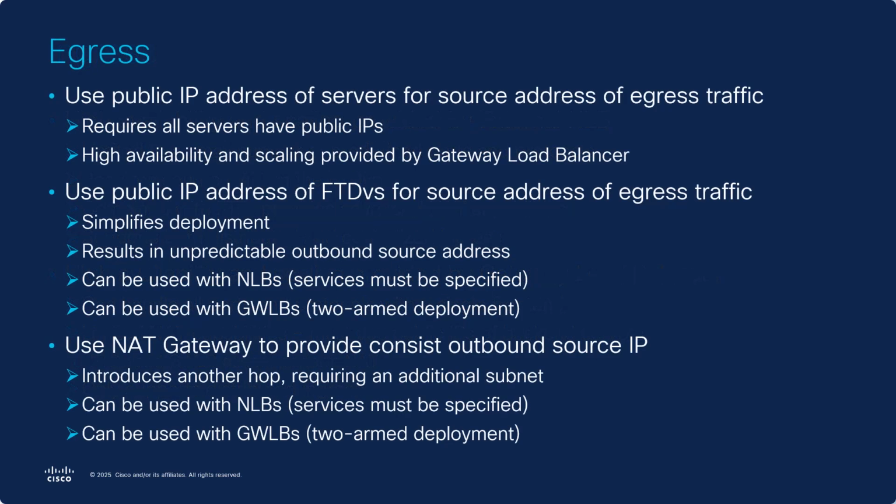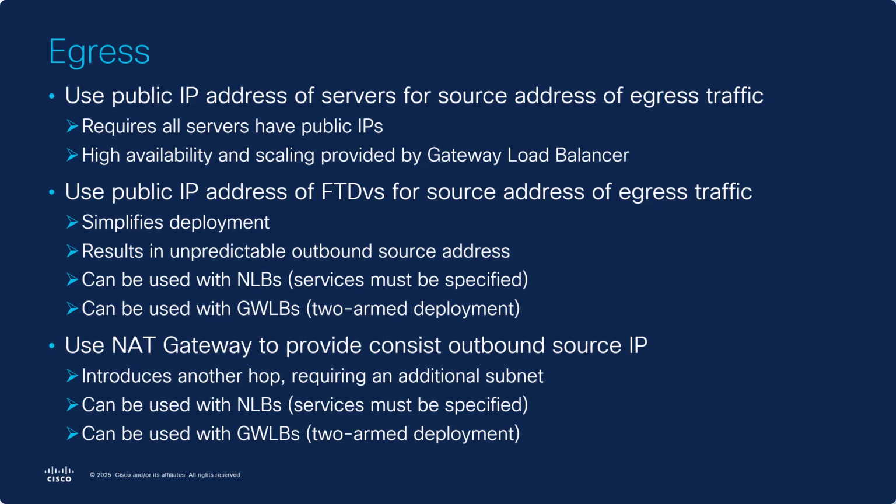A key consideration for egress traffic is what IP address will be used as the source of the egress traffic to the internet. Simplest would be to use the public IPs associated with the virtual machines. And this is what is done typically with a gateway load balancer implementation. You can instead use public IPs on the FTDVs as a source address for the egress traffic.